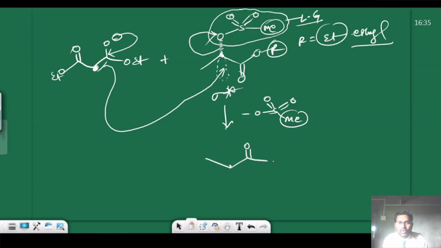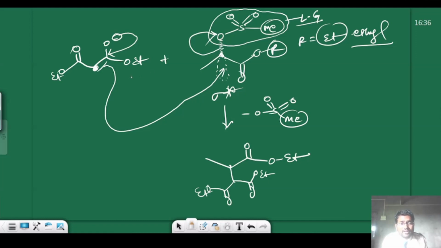C double bond O, OEt. Now this is the active methylene compound, COOEt, COOEt. Since the attack has taken place on the sigma star orbital of this particular sulfone group, what will happen?